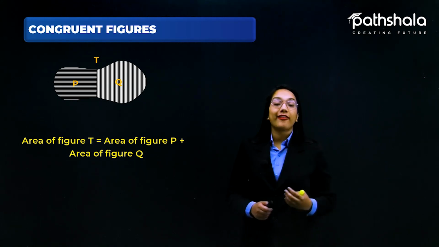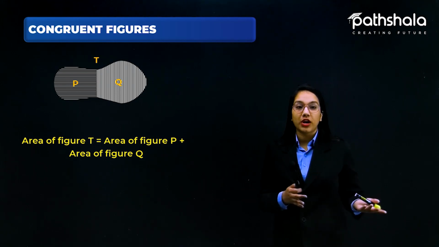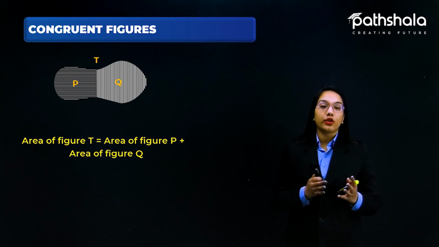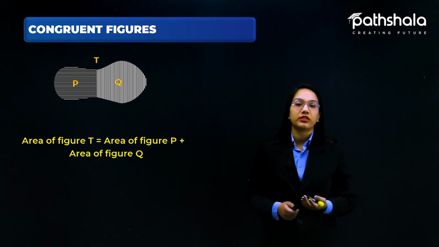As you can see, they have non-overlapping portions. They are not congruent to each other, meaning P and Q are not congruent to each other. So in order to find the area of such a combination, we always use this particular concept.